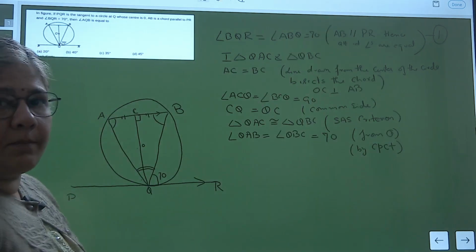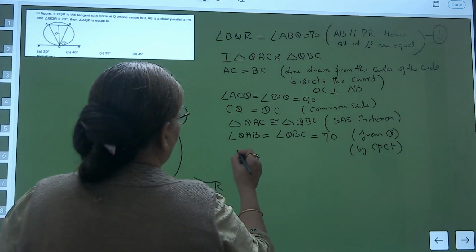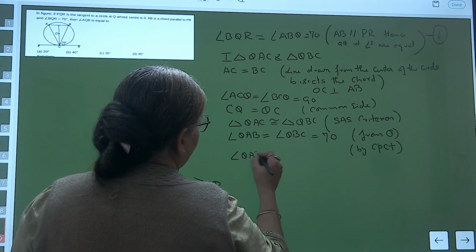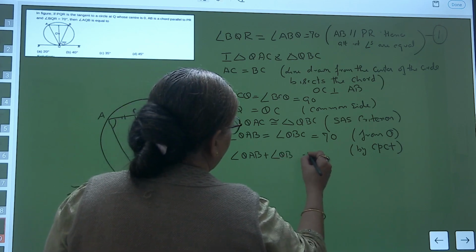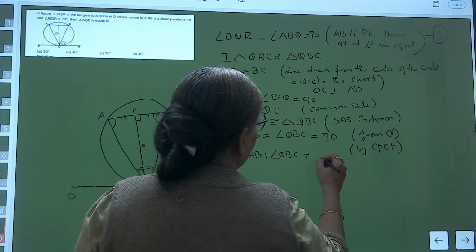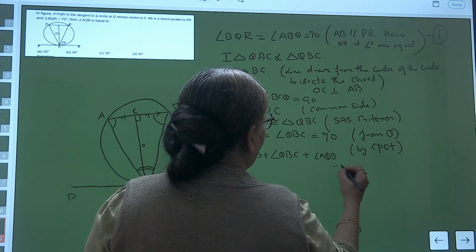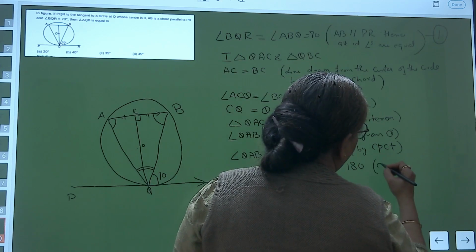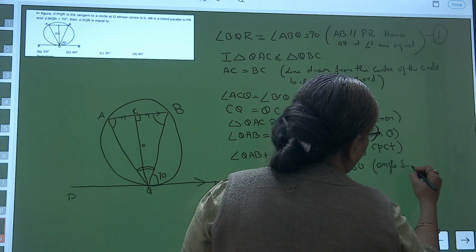Now using the angle sum property, we can find the angle Q. So angle QAB plus angle QBC plus angle AQB will be equal to 180 degrees, using the angle sum property.